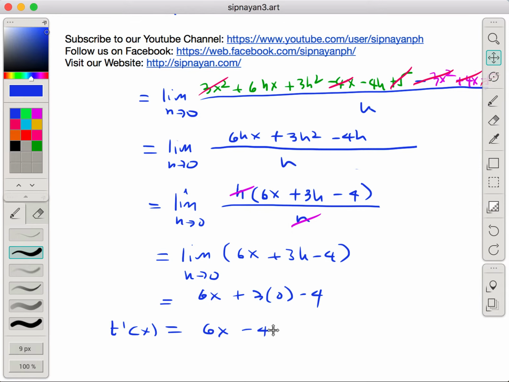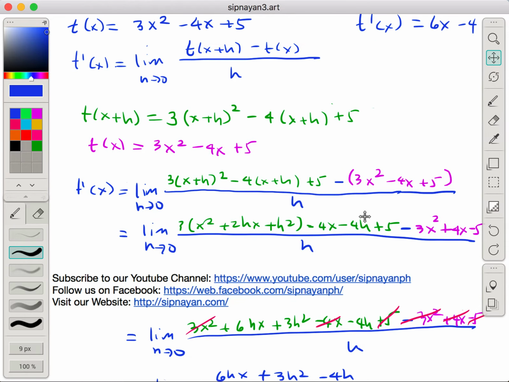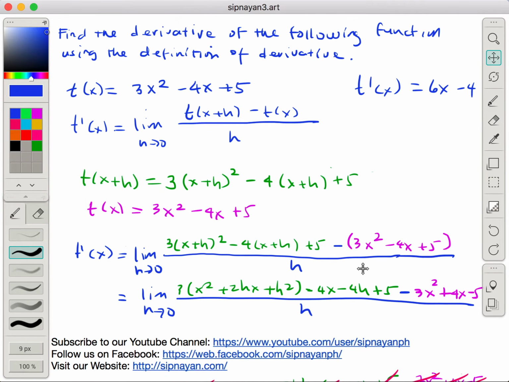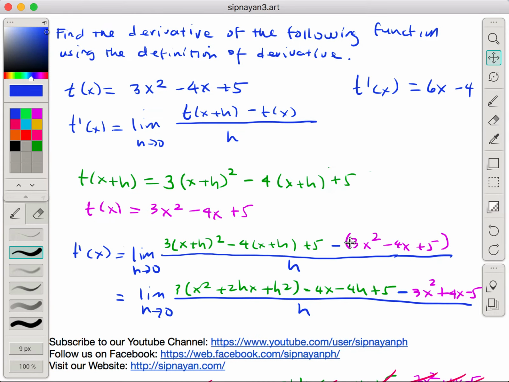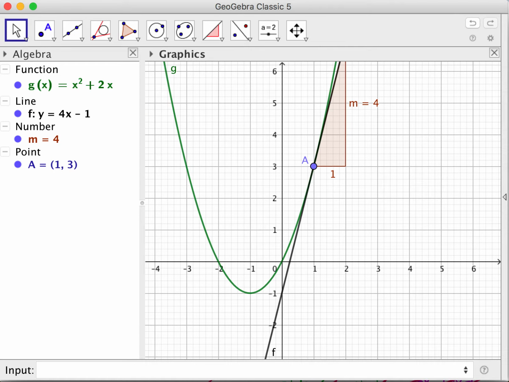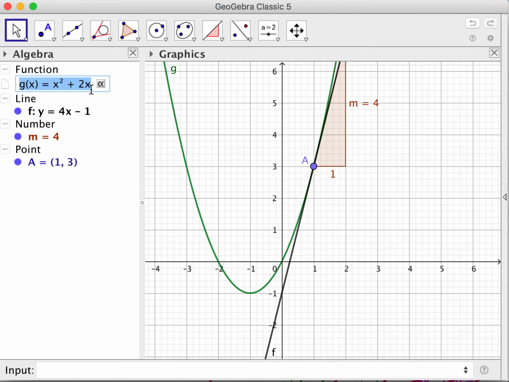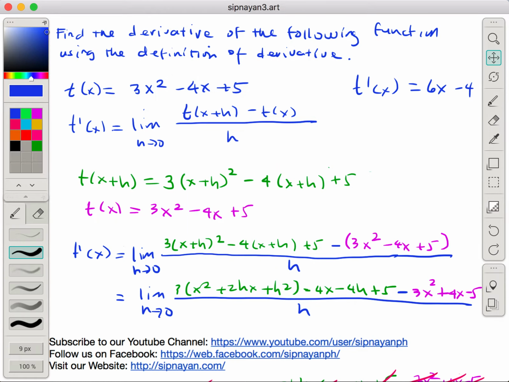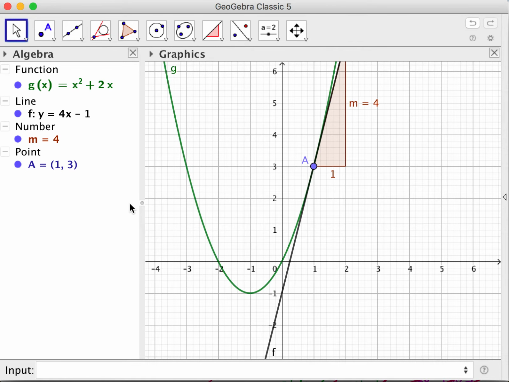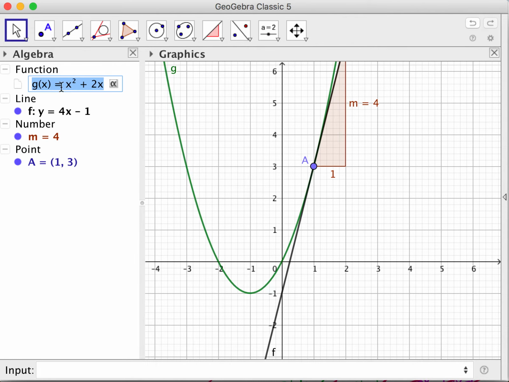Okay, so graphically, let me replace this. I already typed it earlier. So this is 3x squared minus 4x plus 5.